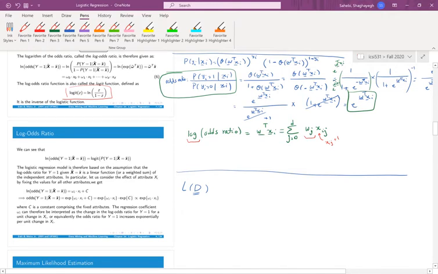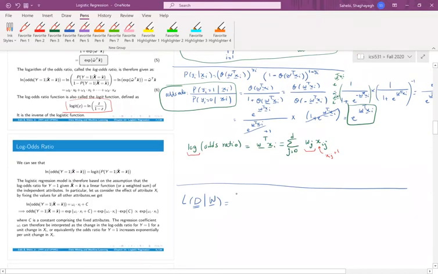How? We can say that the likelihood of D is given the parameters W, right? Because when we are calculating the likelihood, we are saying that it's equal to the product for i equals 1 to n of the probability of yi given xi to the yi multiplied by 1 minus the probability of yi given xi.